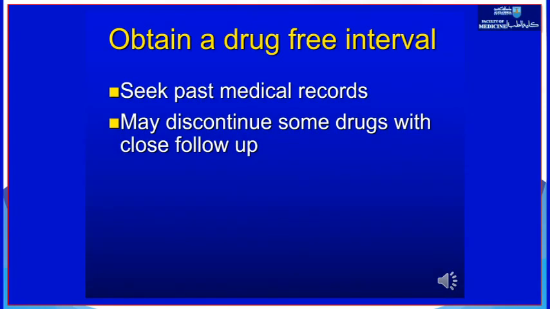Try and obtain a drug-free interval wherever you can, especially when you have an elderly patient with chronic heart disease and he is on a statin perhaps for life. Every now and then, give him a drug holiday, a statin holiday, for about 2 or 3 weeks, and make up for it by telling him to avoid fatty foods.